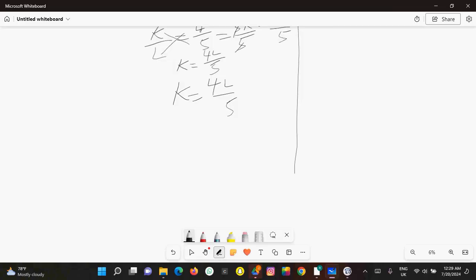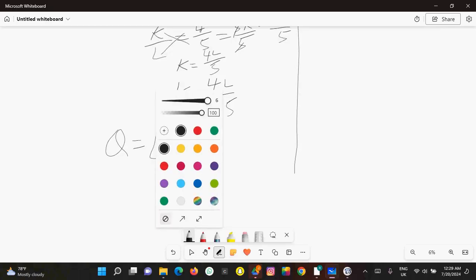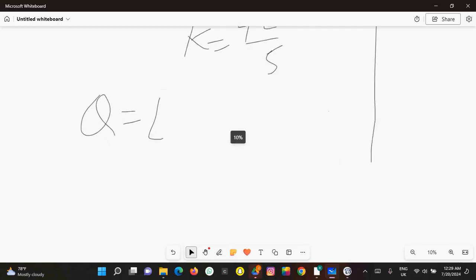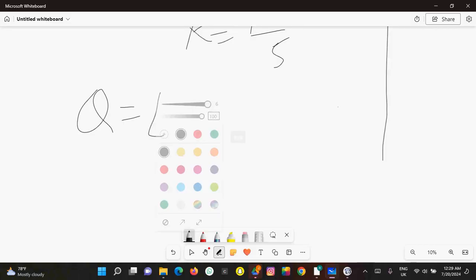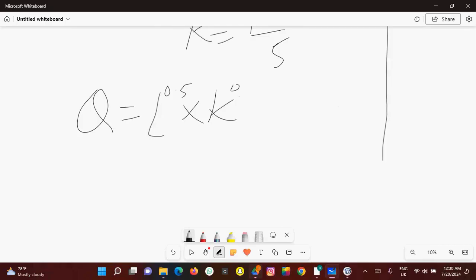So the production function is Q equals L raised to the power 0.5 times K raised to the power 0.5.